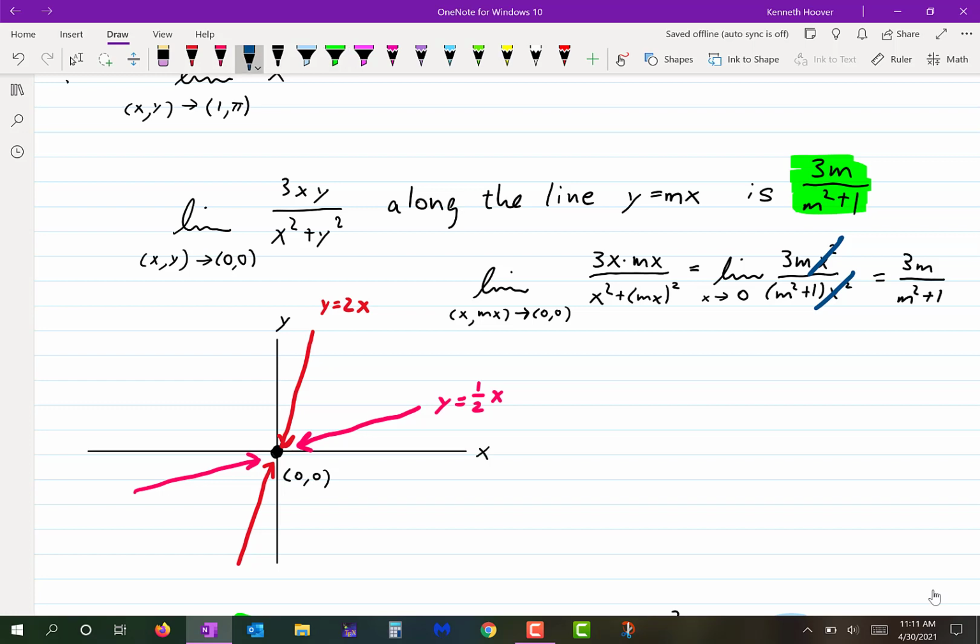What is that? Let's just work it out real quick. That's 3/2 times 4/5, which is 6/5 again. Isn't that interesting?